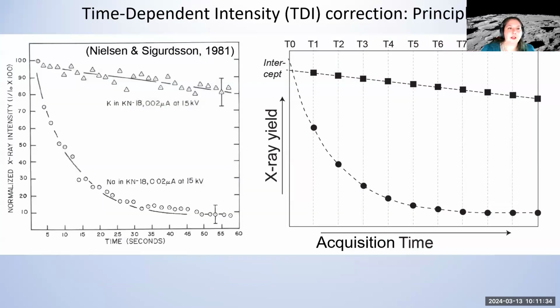Originally, in situations like this, the recommendation was to just analyze very quickly, for just a few seconds, to have as minimal an effect as possible. Or they recommended using as low a current as possible with a widened beam.